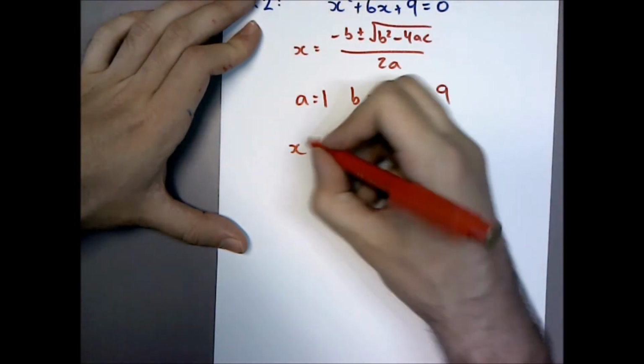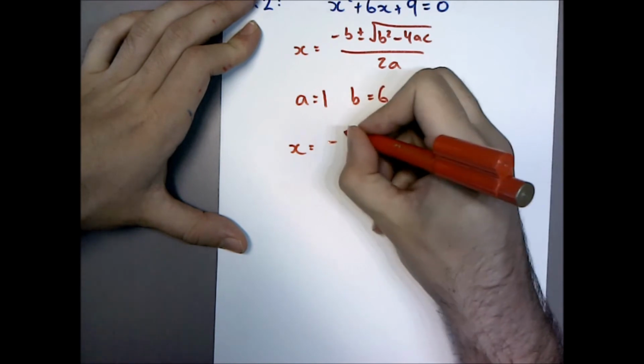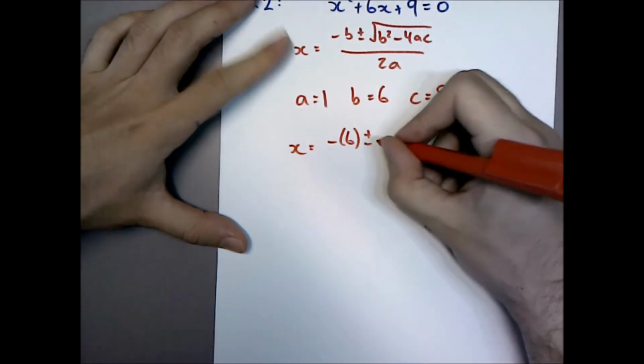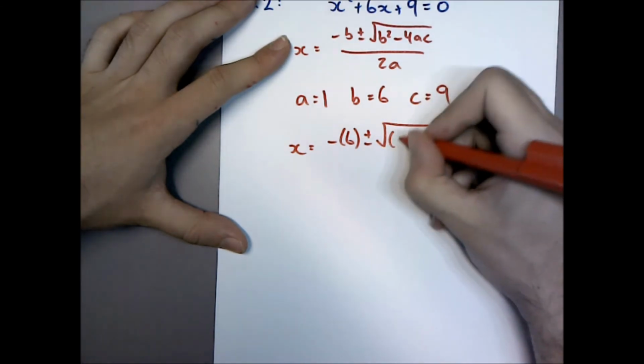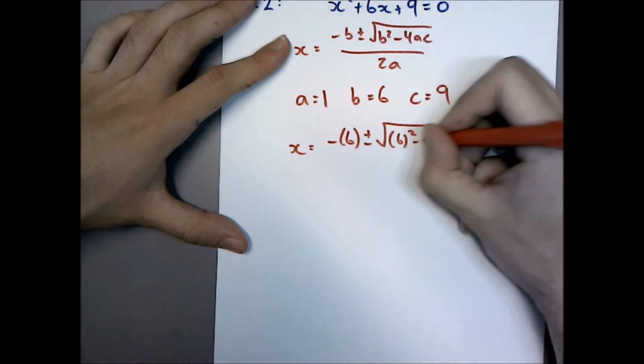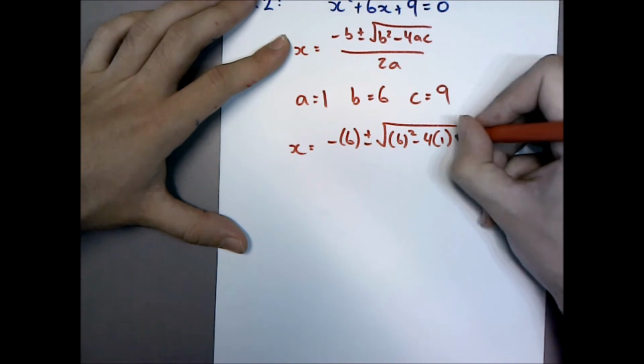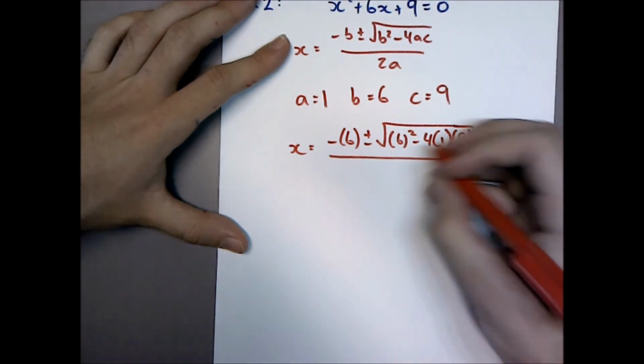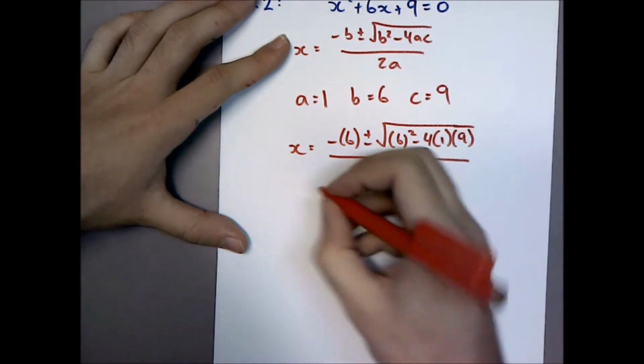So it's going to be x equals negative 6 plus or minus the square root of 6 squared minus 4 times 1 times 9, divided by 2 times 1.